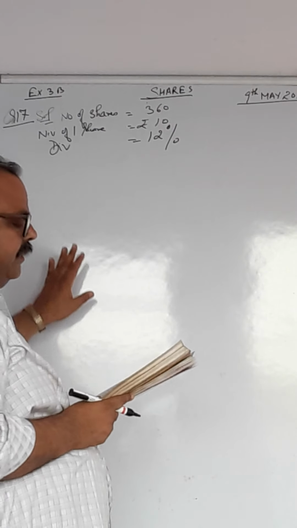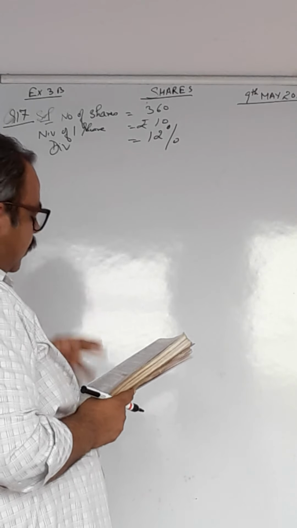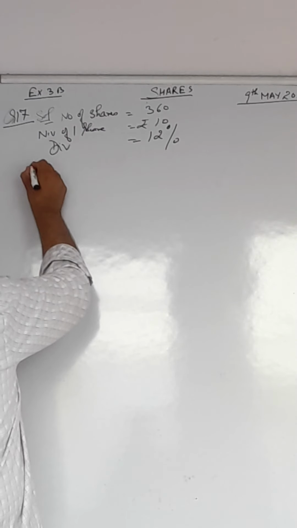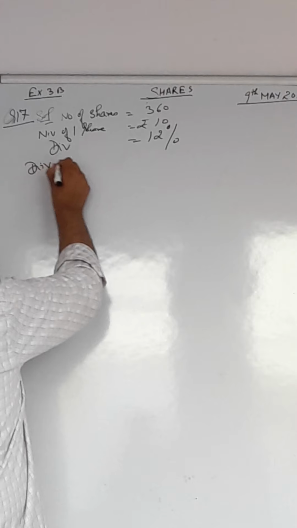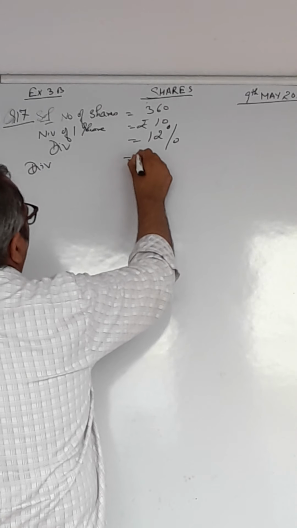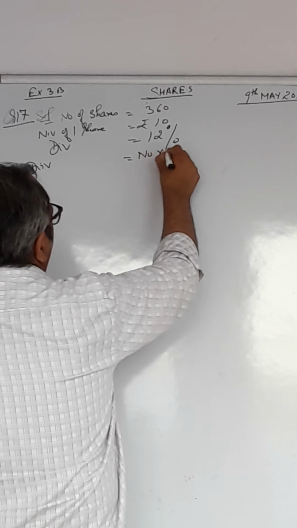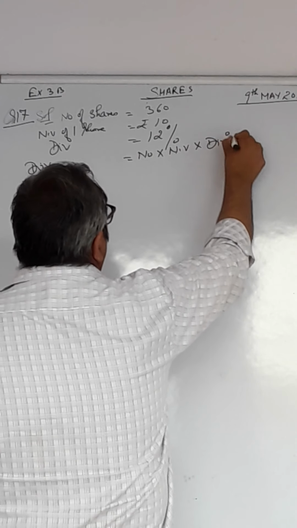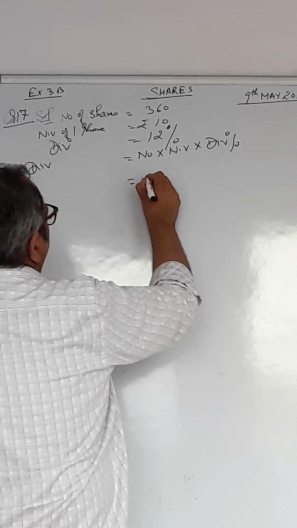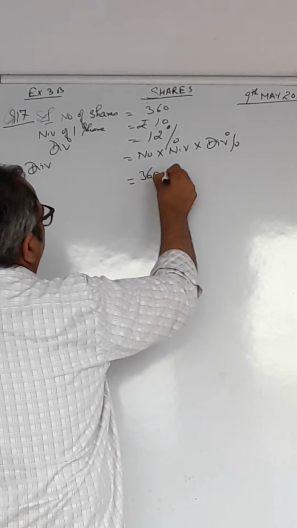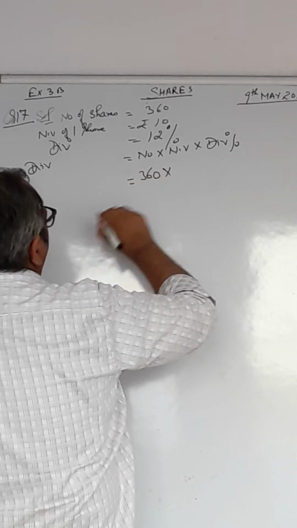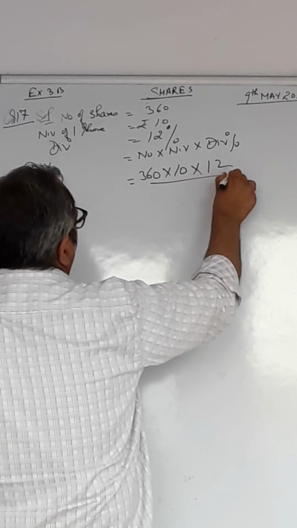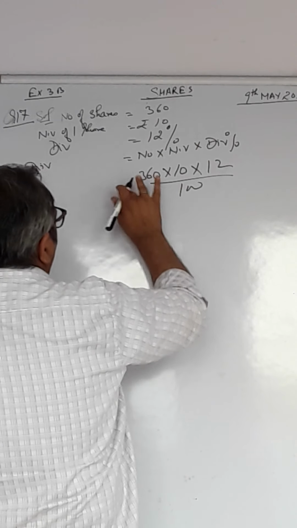First of all, dividend. We'll calculate how much you will get as dividend. Dividend is equal to number of shares into nominal value into dividend percent. Number of shares 360, nominal value of one share ₹10, dividend percent 12 over 100.